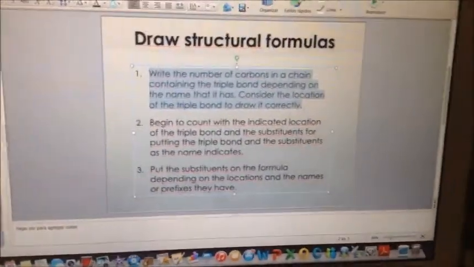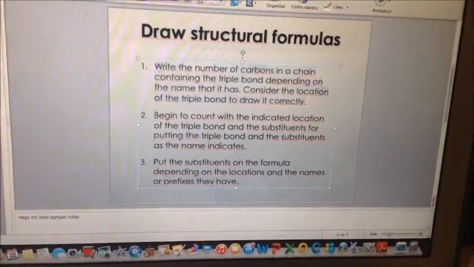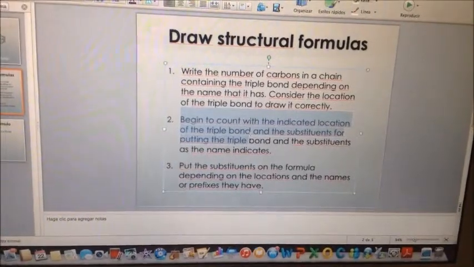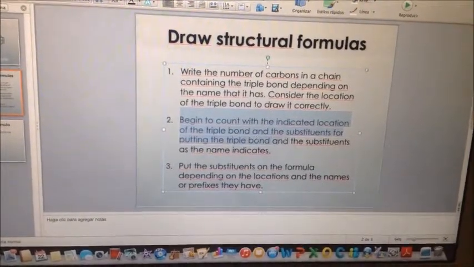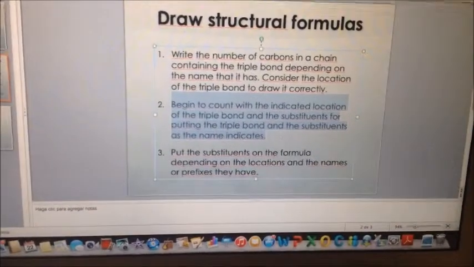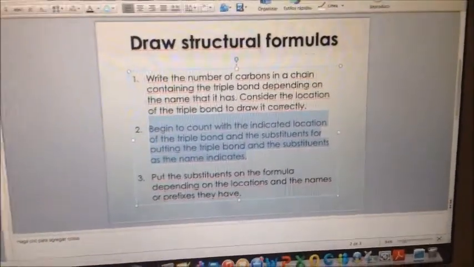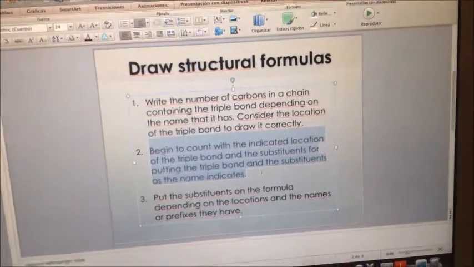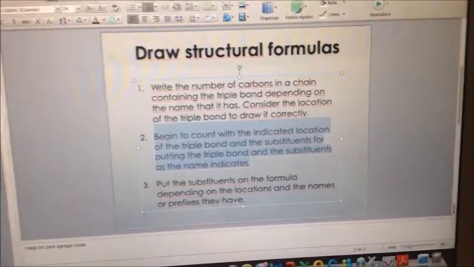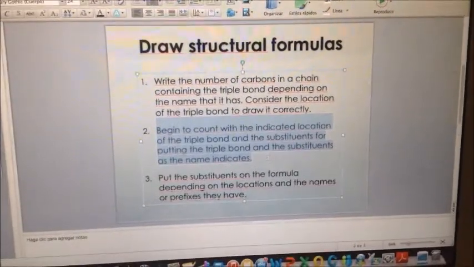The next step is to begin to count with the indicated location of the double bond and the substituents, for putting the double bond and the substituents as the name indicates. That means that you have to number all the carbons so it matches with the name that it has.